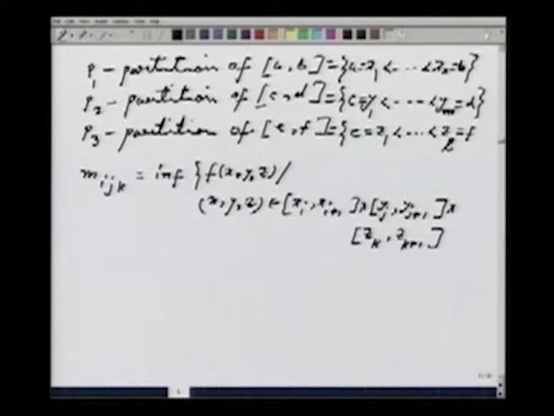Well, this P1 one should not confuse with the function f, so let me call it p. Then one can define capital M_ijk analogously.